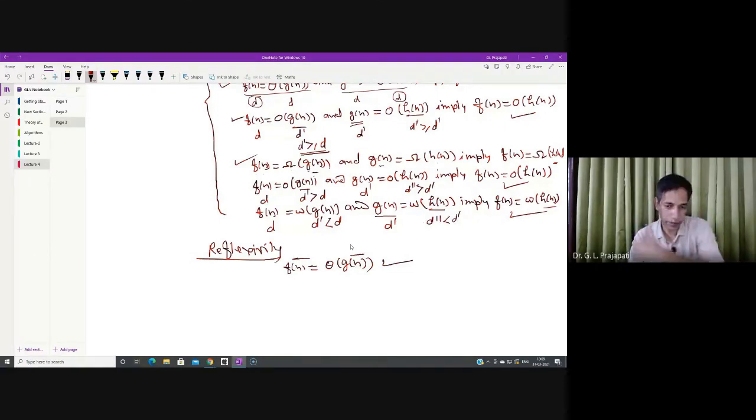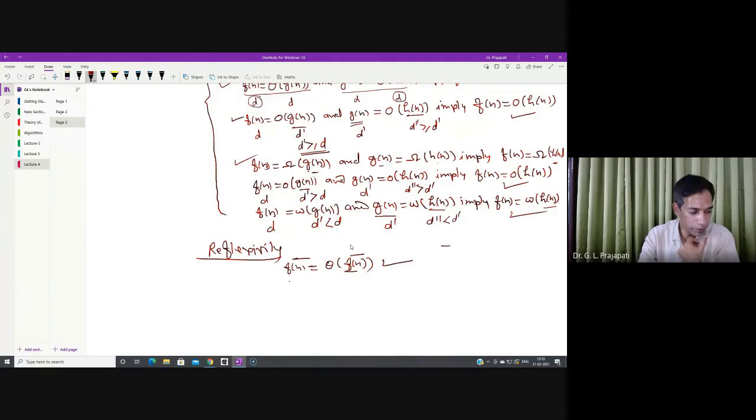But for the case of reflexivity, we need same function, okay? So here what you need is f of n is big theta of f of n, means same function. If f of n is 5n square plus, so here we know that this is the tight bound, and hence f of n is theta of f of n. So reflexivity also holds true.